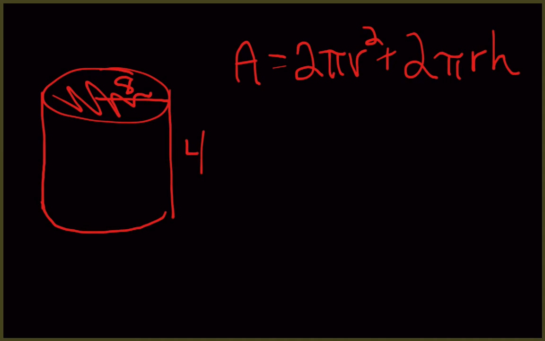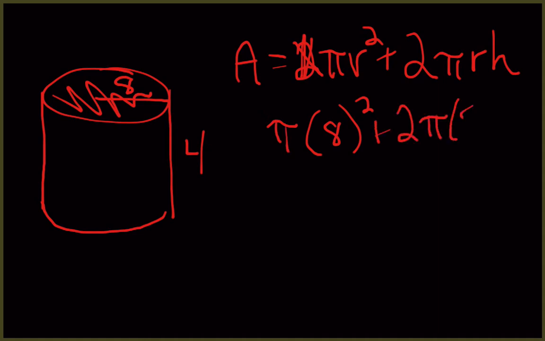All right, so hopefully what you thought of was I only have one circle, so I'm getting rid of one of my 2 circles. So that should be the formula you use. If you didn't get that, you're going to need to pause it, erase it, and redo the problem. Okay, so using this formula, I know my radius is 8 and my height is 4.